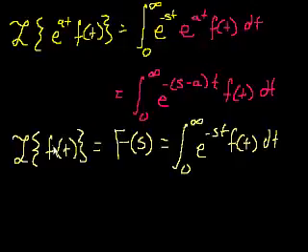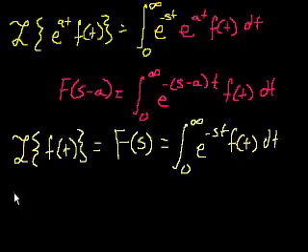Whatever the Laplace transform of f was, it's going to be that same function, but instead of s, it's going to be a function of s minus a. And how did I get that? Well, the Laplace transform of f is a function of s, and it's equal to this. If I just replace an s with an s minus a, I get this, which is a function of s minus a, which was the Laplace transform of e to the at times f of t. Maybe that's a little confusing. Let me show you an example.